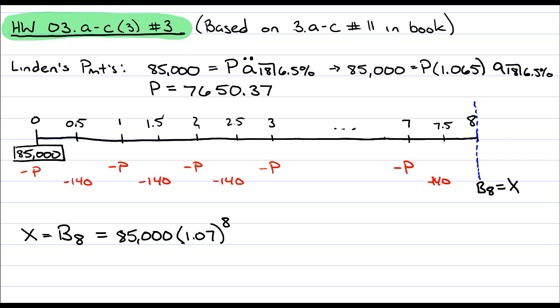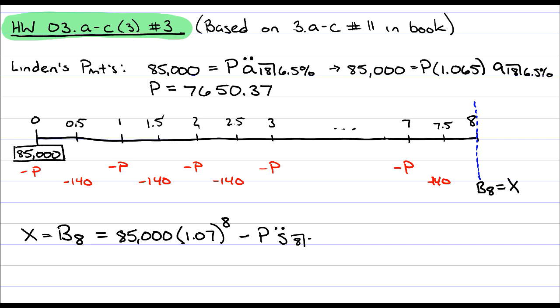They do have to make payments. In particular, they have to make payments to Linden of P at the beginning of each year. So the amount that we knock off is going to be the accumulated value of all of these payments. So I'm going to subtract off P s-double-dot, because the payments happen at the beginning of the year. At this point, there will have been 8 of those payments made.